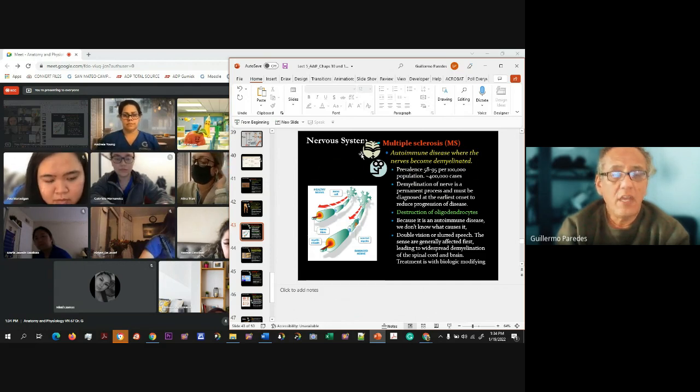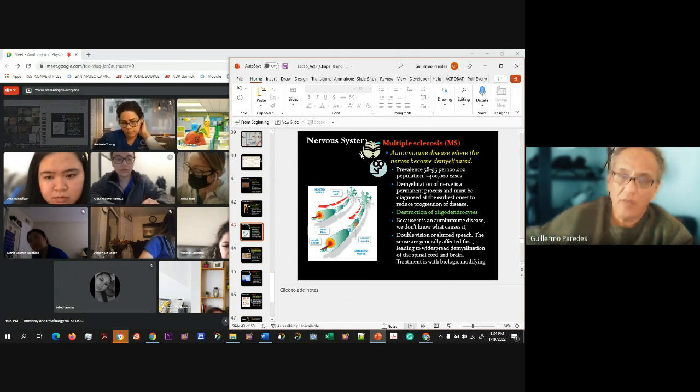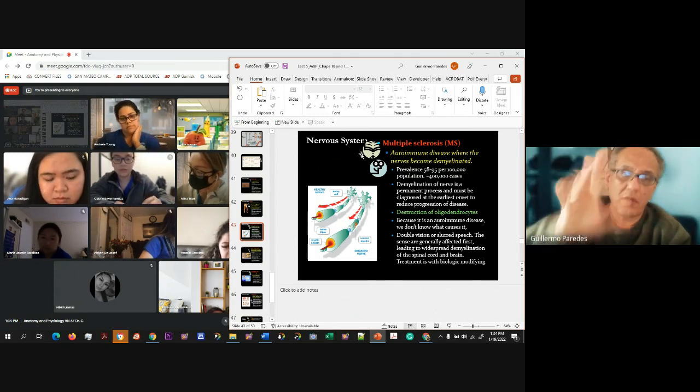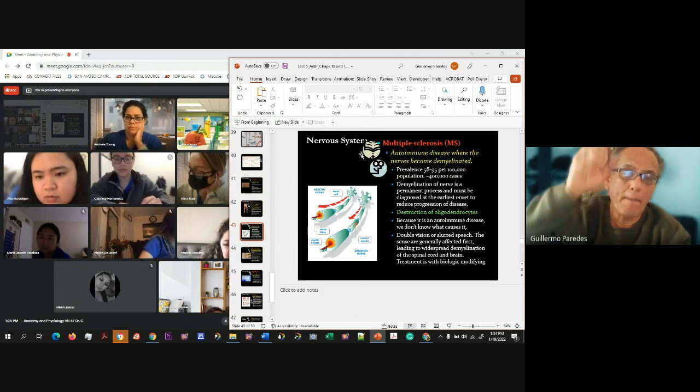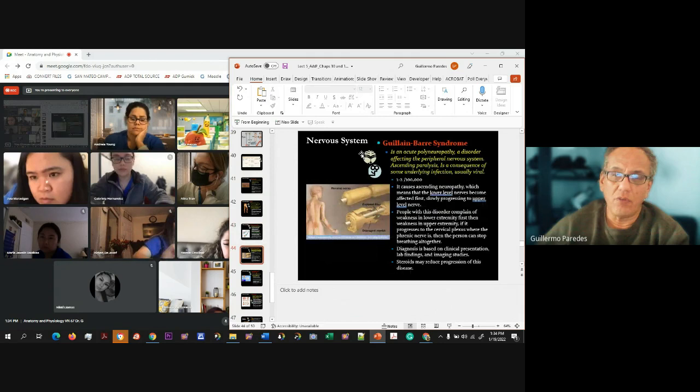Multiple sclerosis is an autoimmune disorder that destroys the myelin of the white matter. That's why the electrical impulses are going to be very, very slow. So it can produce problems of pain, especially in the muscles, lack of coordination, etc. So what I want you to remember: multiple sclerosis destroys the myelin. It is an autoimmune disorder.